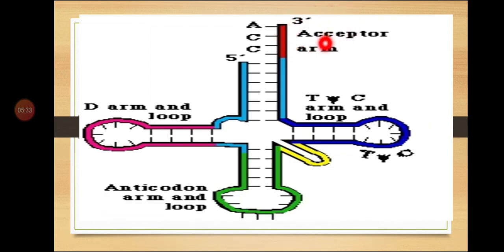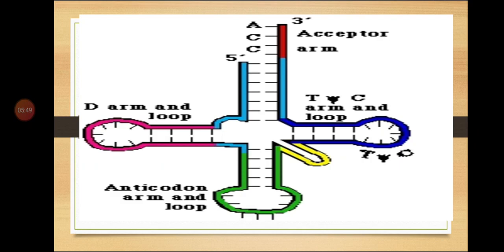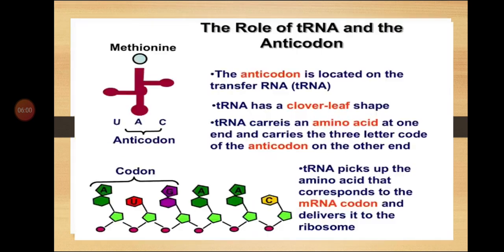For every amino acid, there is a specific tRNA. Initiator tRNA is specific for methionine. There are no tRNAs for stop codons.